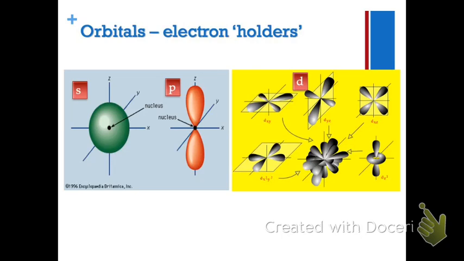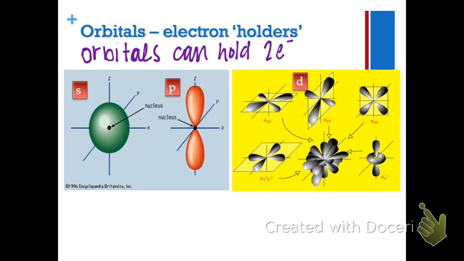I want you to make this little extra note too. Orbitals can only hold 2 electrons. Orbitals can only hold 2 electrons.